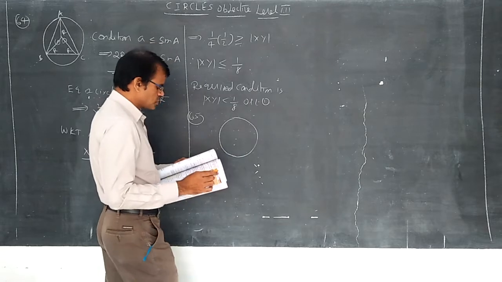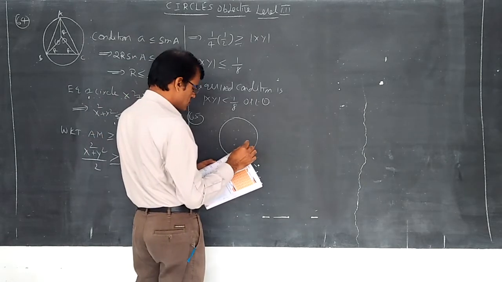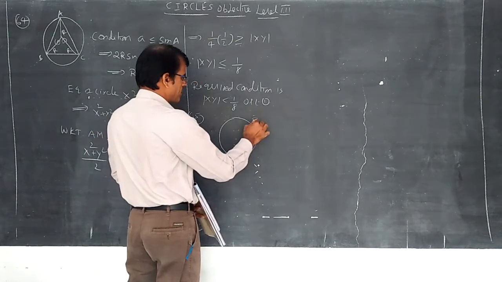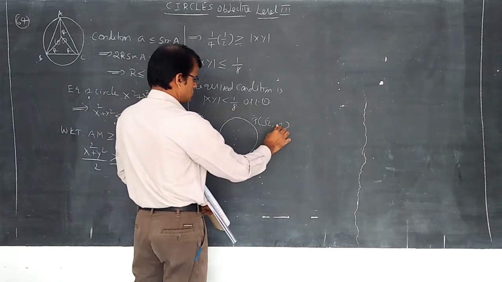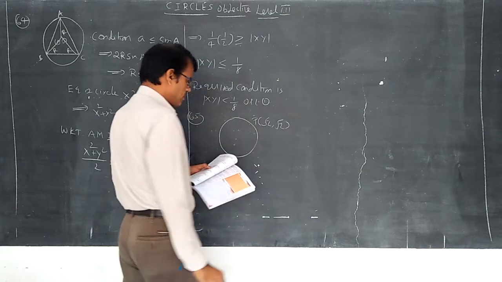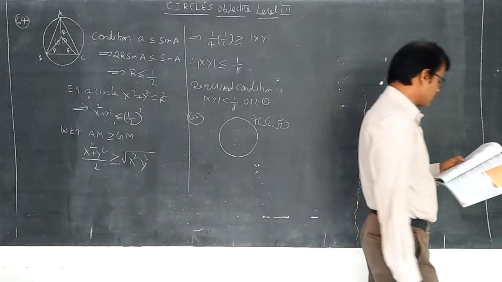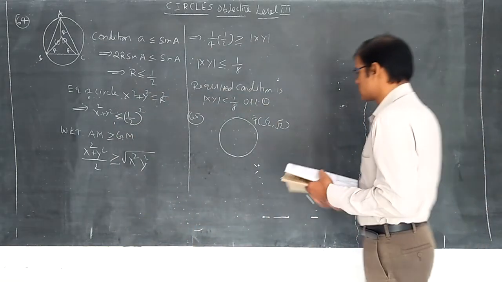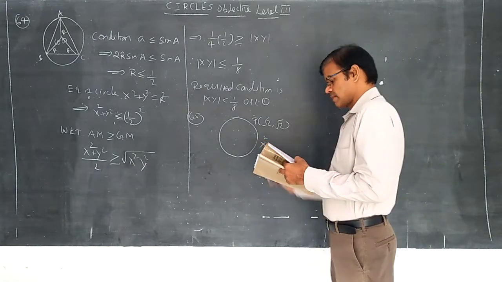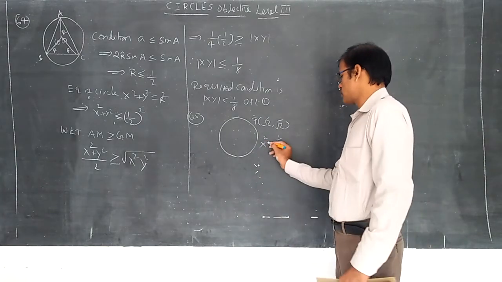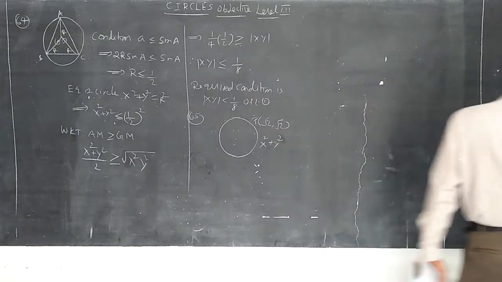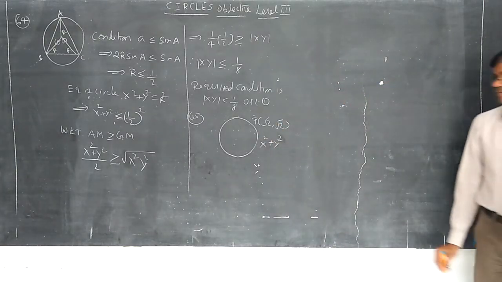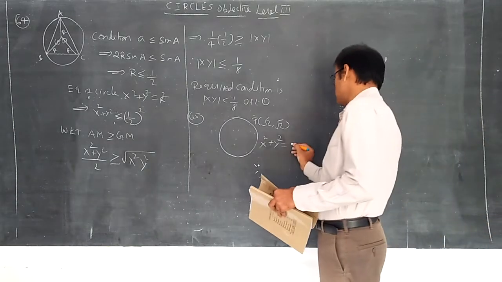P root 2 comma root 2 is a point on the circle x square plus y square equal to 4.